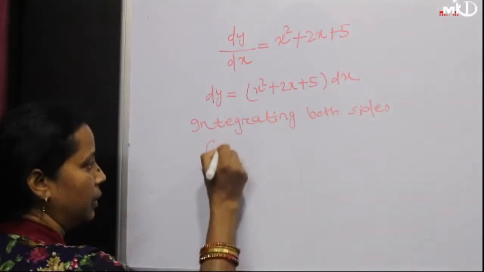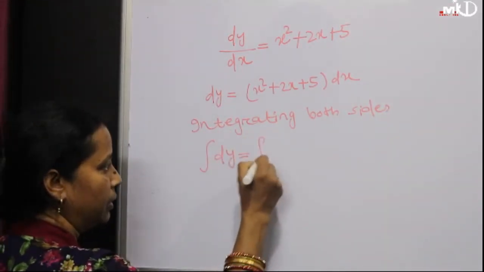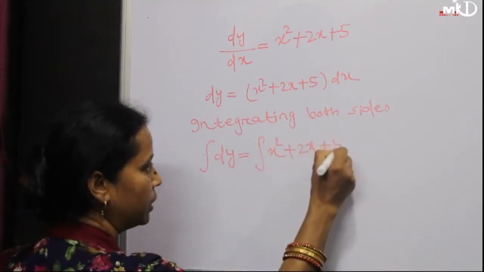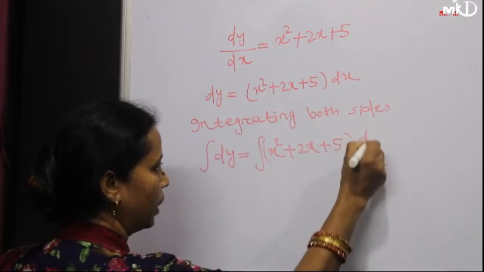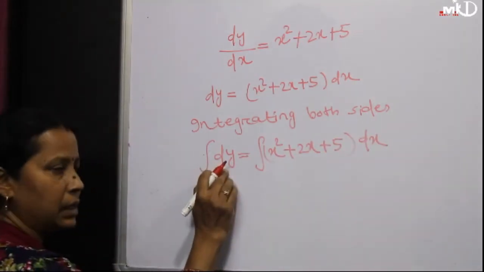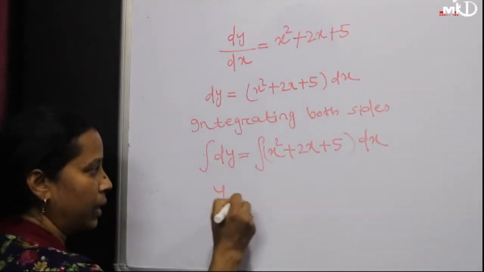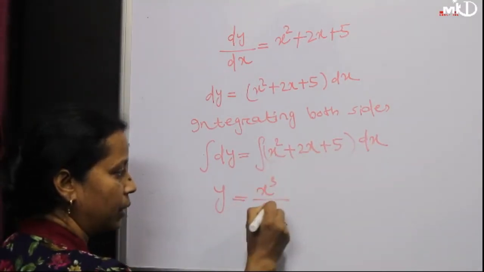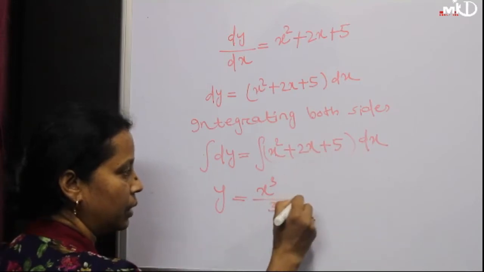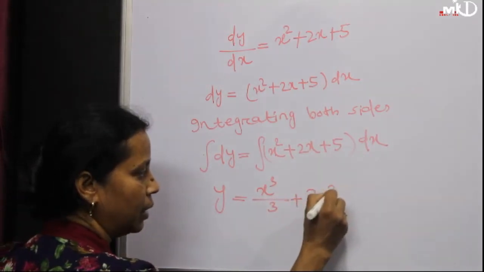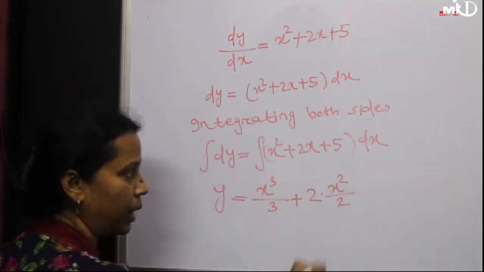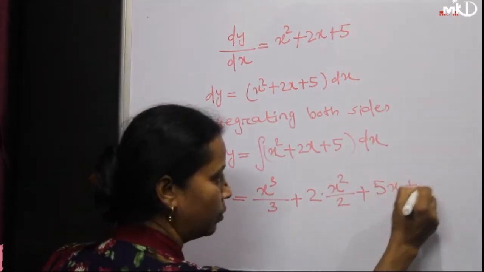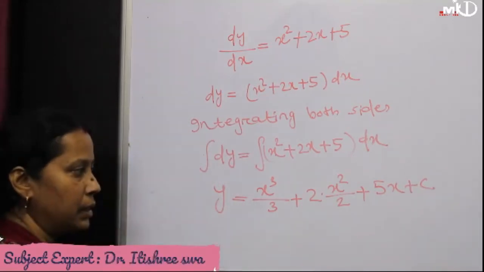we find the integration of dy is equal to the integration of x square plus 2x plus 5 dx. So the integration of dy is y, and the integration of x square dx is x cube by 3, and the integration of 2x dx is 2 into x square by 2, and the integration of 5 dx is 5x, and we have the constant of integration c.